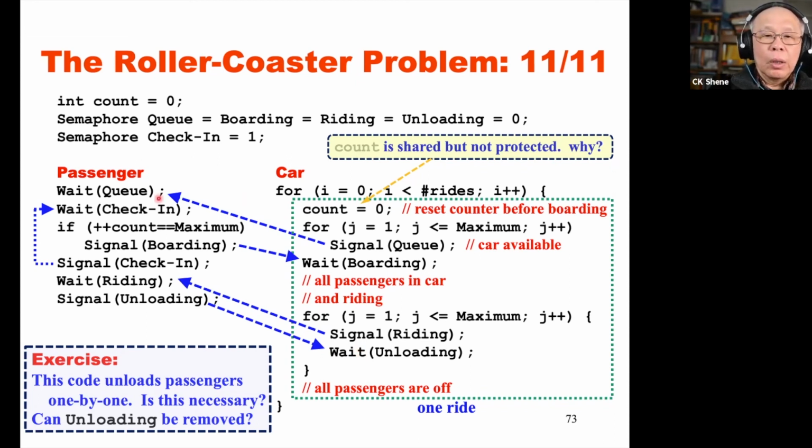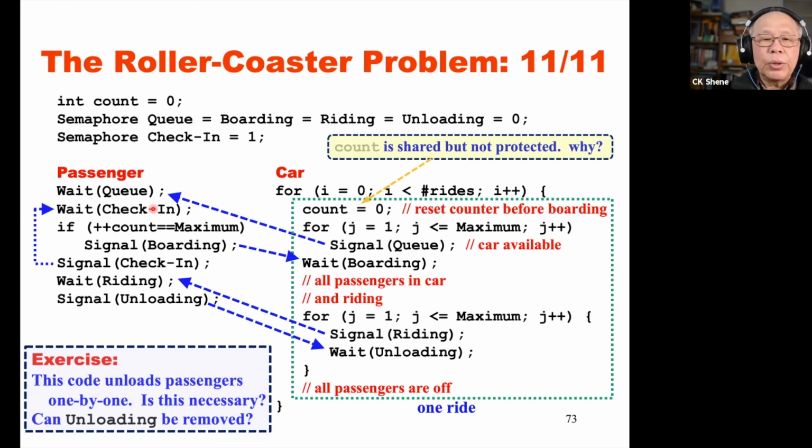So the queue semaphore, the boarding semaphore, the riding semaphore, and the unloading semaphore are all initialized to 0. And we have a semaphore for check-in. Check-in semaphore, you must allow the first passenger to check in, otherwise you have a deadlock. So its initial value is 1.